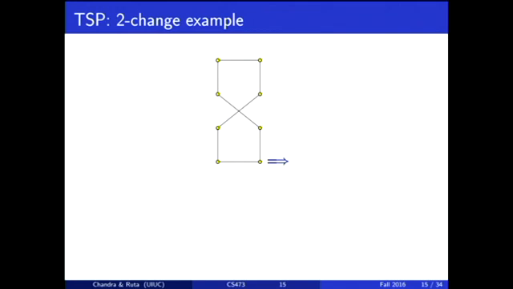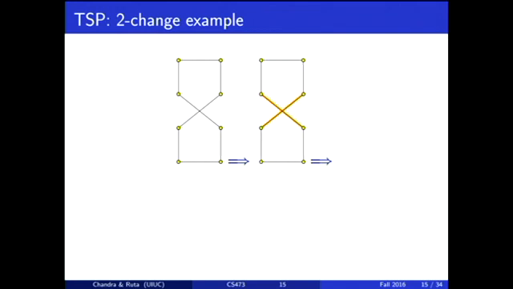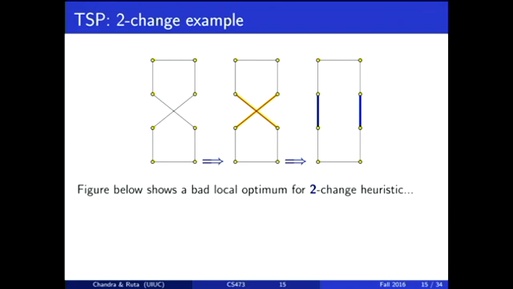Well, you can improve it like this. You ask, is this an improvement? It depends on the length of this compared to the length of this. Here is a simple geometric fact: in 2 dimensions, if you have 2 edges which cross, flipping those edges will always reduce the cost.